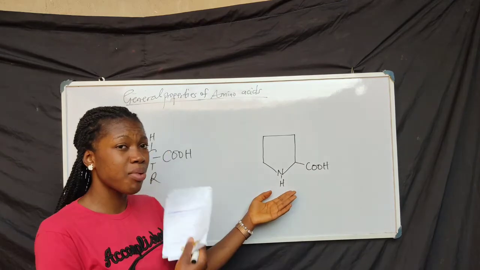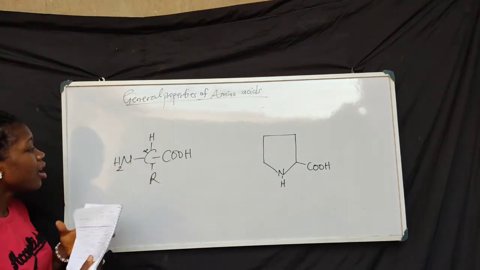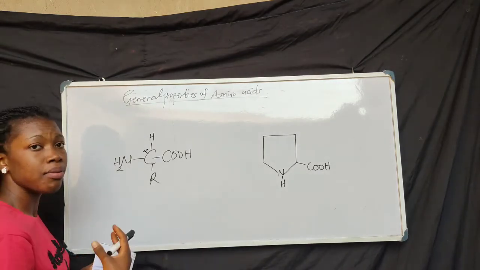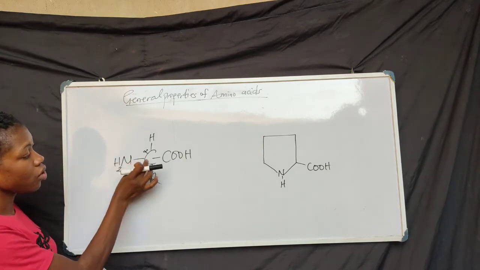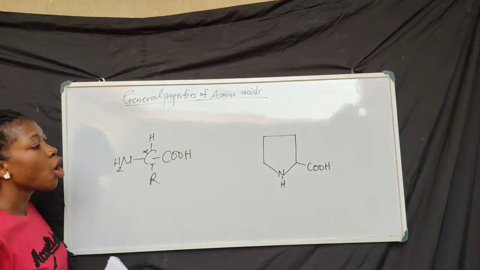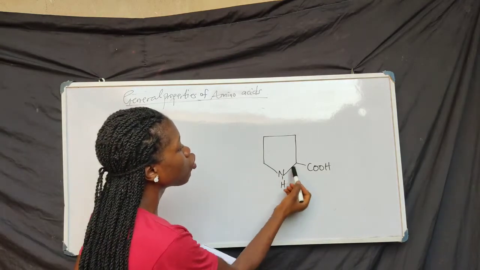Now, what makes it primary and secondary? A primary amine forms a covalent bond with only one carbon. Notice it has only one carbon attached to it, while a secondary amine forms covalent bonds with two carbons.